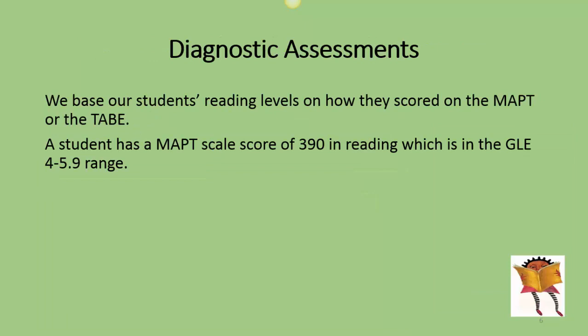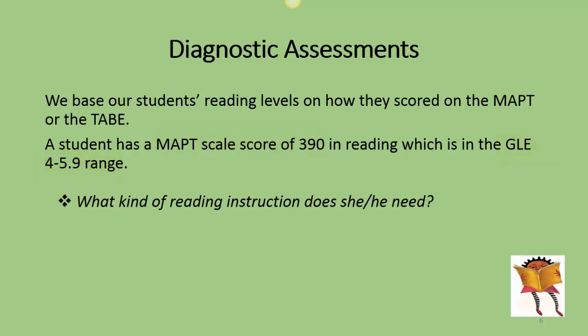So here is the diagnostic assessment, and we base our students' reading levels on the MAPT score, or if you administer the TABE. A student has a MAP scale score of 390 in reading, which is the GLE 4 through 5.9 range.